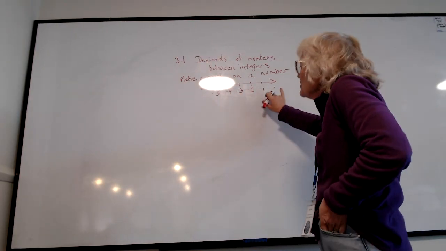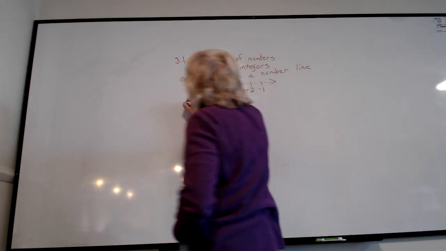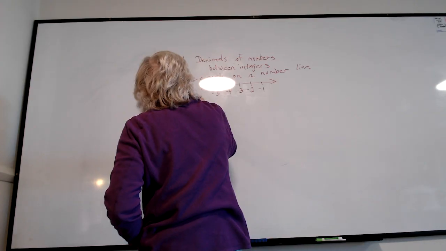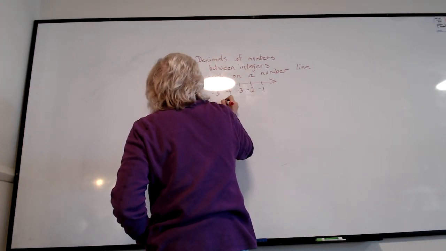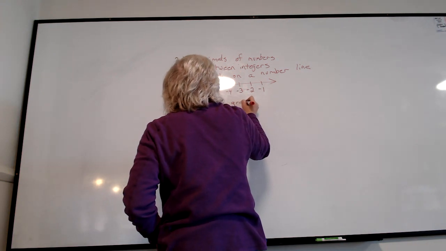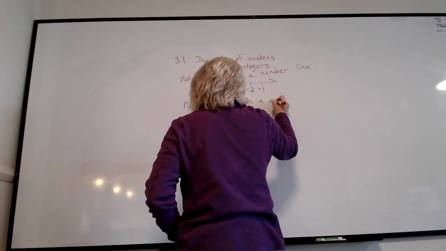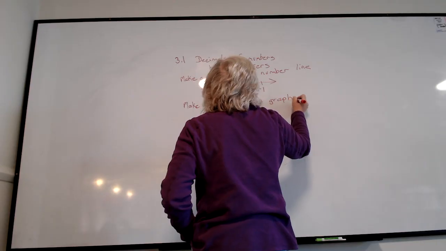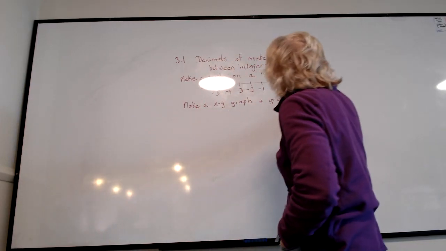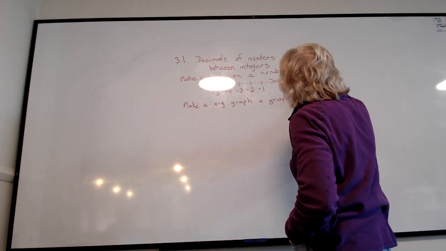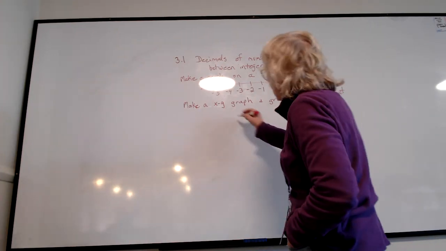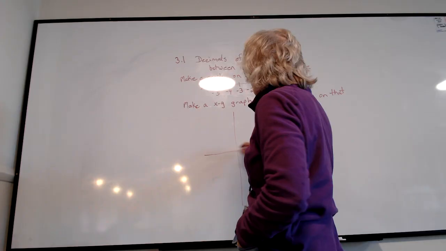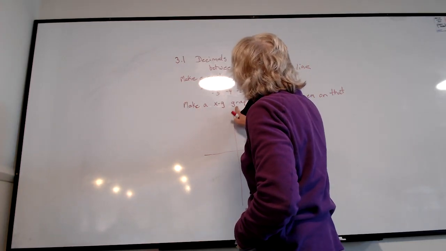These are integers. And we're also going to be able to make a coordinate plane, X, Y graph, and graph them on that. Okay, so remember we've made our X and our Y graphs before.